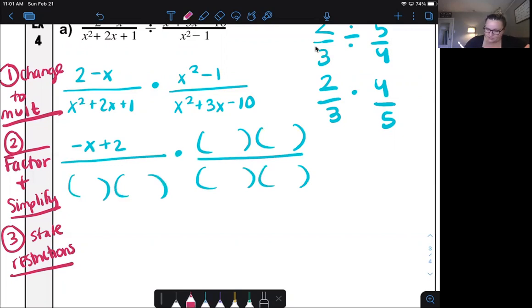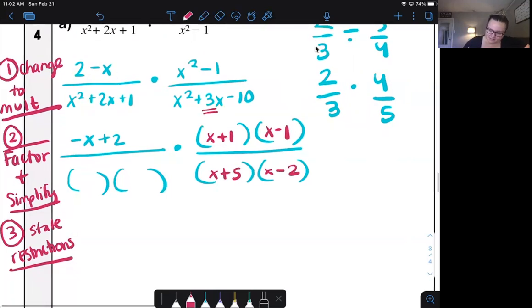So x squared minus x is x plus 1 times x minus 1. X squared plus 3x minus 10: x times x will get me x squared, 5 times 2 will get me 10. If I add 5 and subtract 2, I'll get positive 3 in the middle. Then x times x is x squared, 1 times 1 is 1, and if I add both of those, I'll get 2.